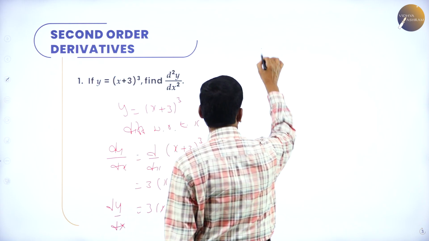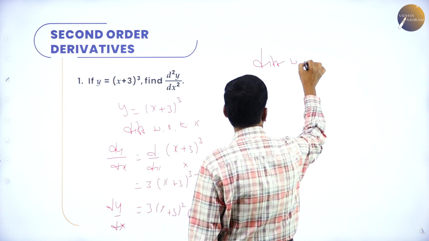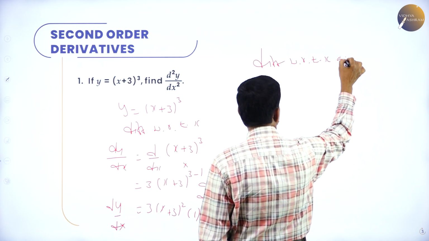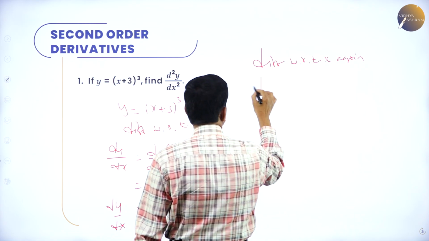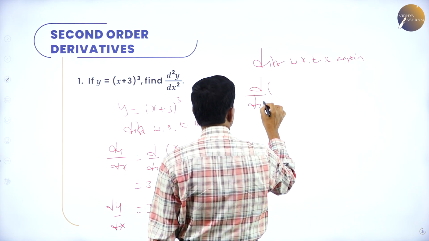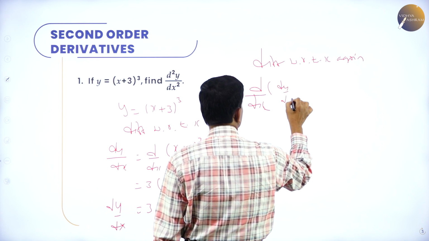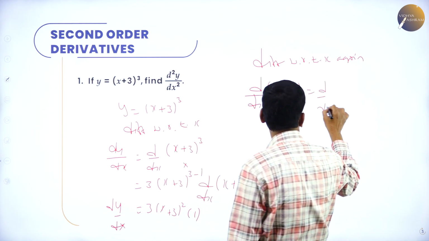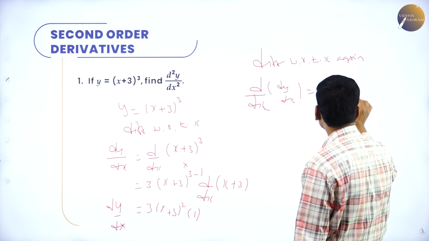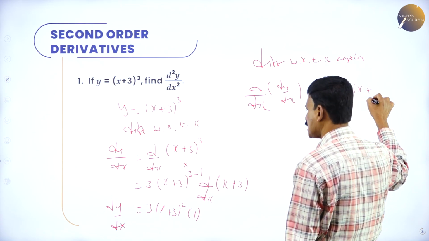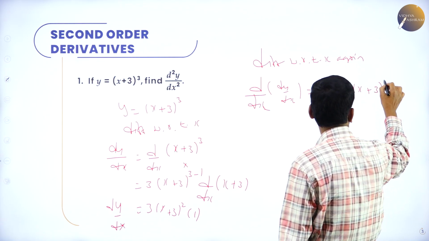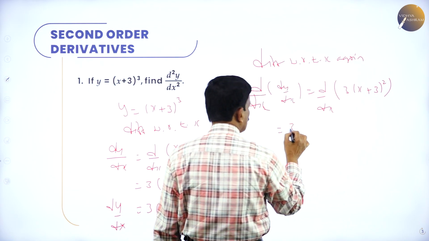Now differentiate again. Differentiating with respect to x again, what will we get? d by dx of dy by dx is equal to d by dx of 3 times (x plus 3) whole square. Here again 3 is a constant.